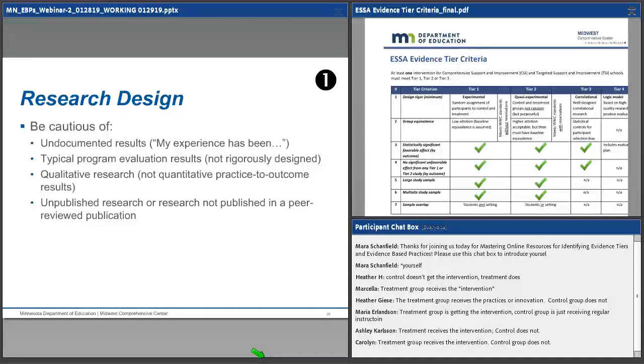The final word on research design is that in general, you need to be cautious of using undocumented results as the justification for using a particular practice, right? You can't rely on your experience. You have to find a study or a number of studies to back up the experiences that you've had.